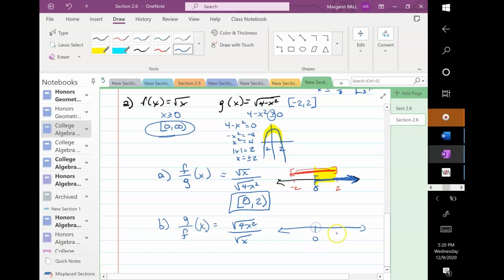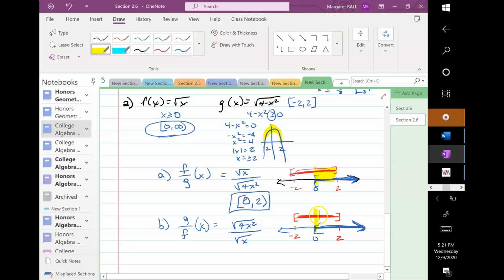Let me draw it again though so I can highlight again. Got a bracket, shading. Okay, then -2, 2, bracket, bracket, shading. Okay, now I need the overlap.